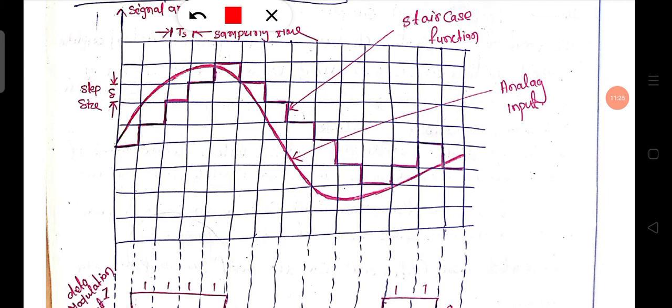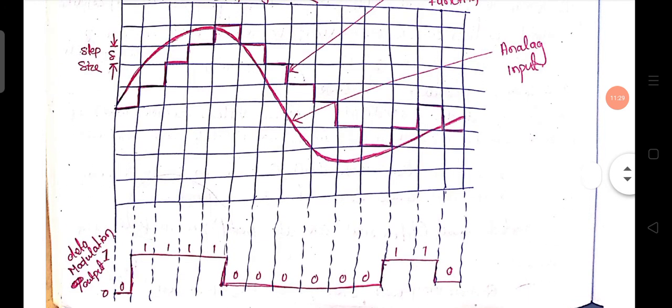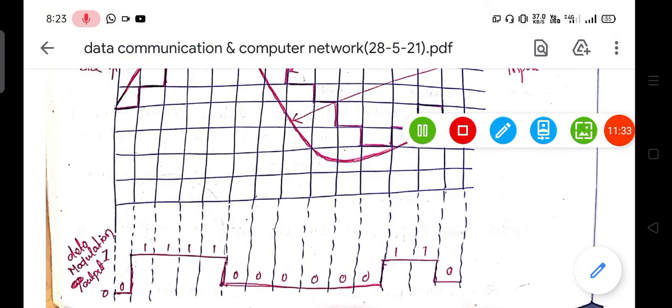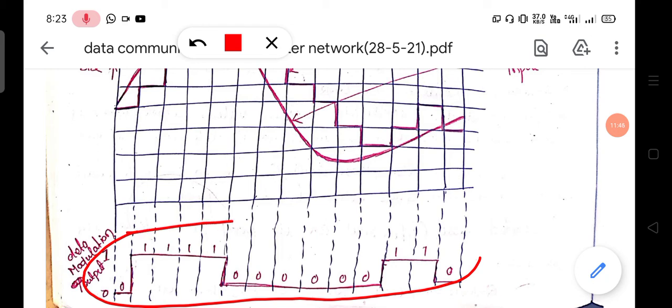To resolve that error, we use a universal, stable method: representing the staircase function as equivalent binary bits.